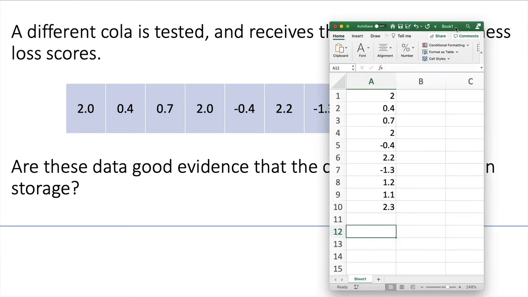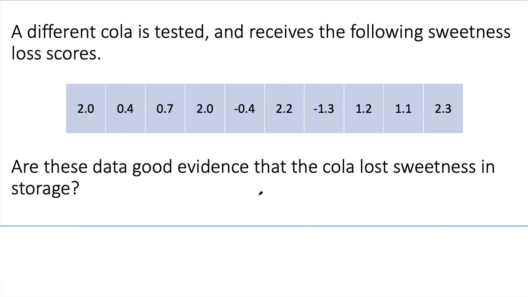So in Excel, here we've got our numbers, and we'll get our average for those 10 sweetness loss scores, and we get 1.02. So x bar for this sample is 1.02.